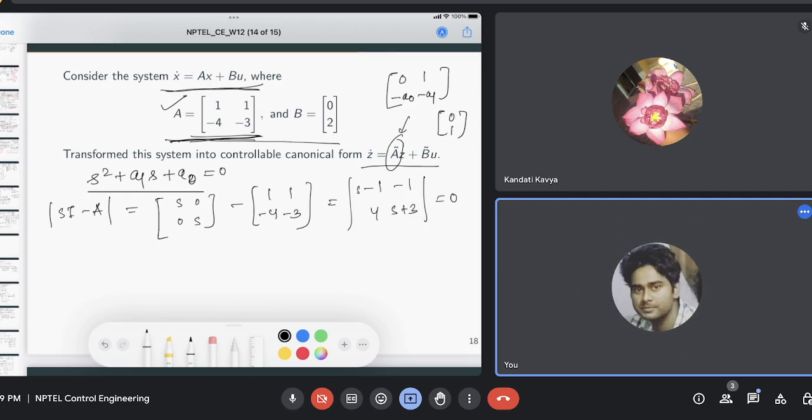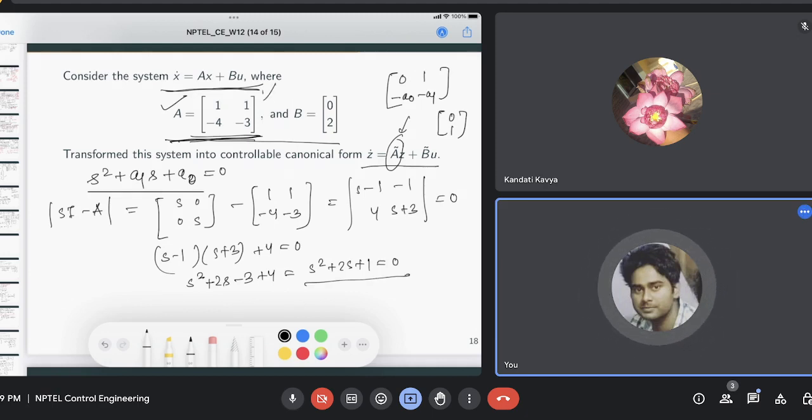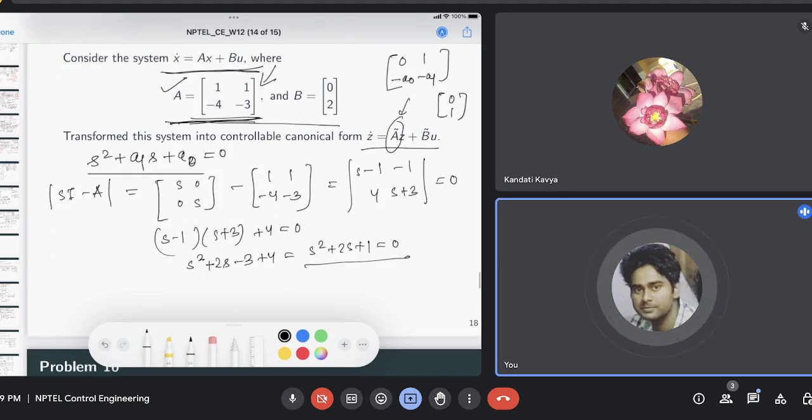So we have (s minus 1)(s plus 3) plus 4 equal to 0. This is s squared plus 2s minus 3 plus 4, equal to s squared plus 2s plus 1 equal to 0. This is the characteristic equation associated with this A matrix. You see that a1 is 2 and a0 is 1.